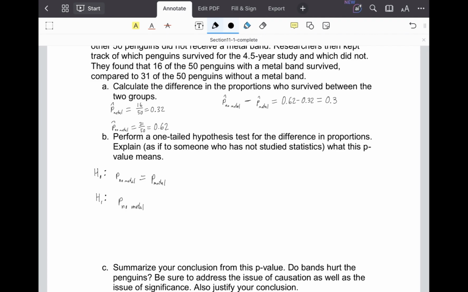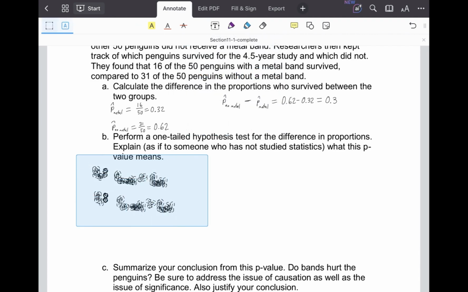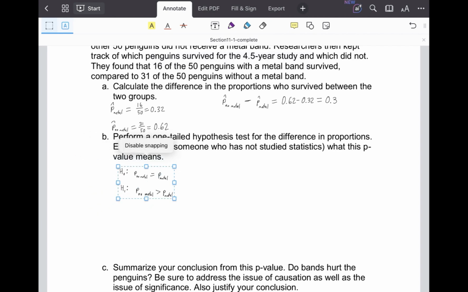So the p metal is greater than, with the metal band. And we're using the difference of proportions. Let's make this a little smaller.